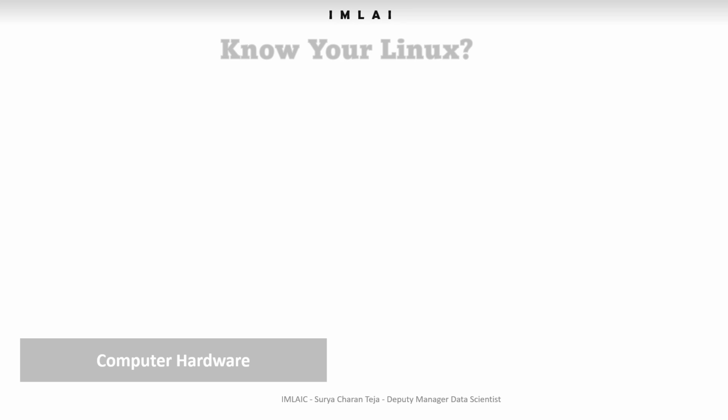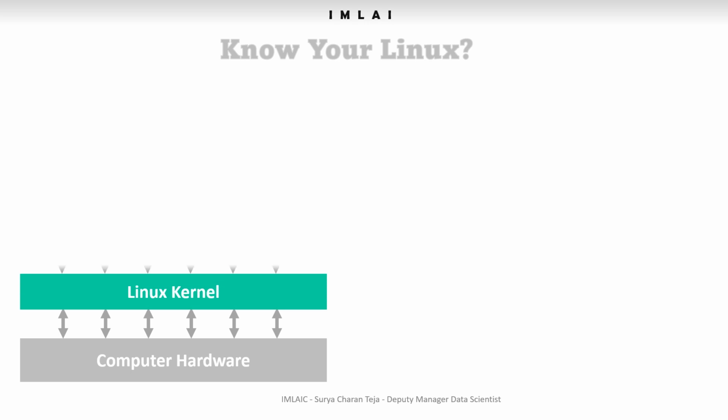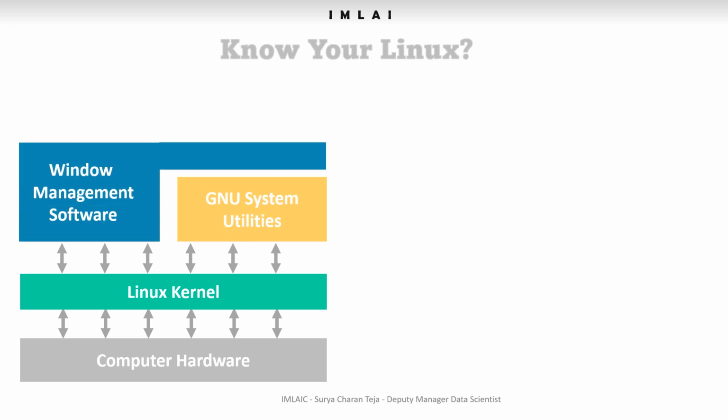So, other than computer hardware, a Linux system primarily consists of four important parts. The first one is the Linux kernel, the second one is the GNU utilities, and the third one is a graphical desktop environment, which is window management software.